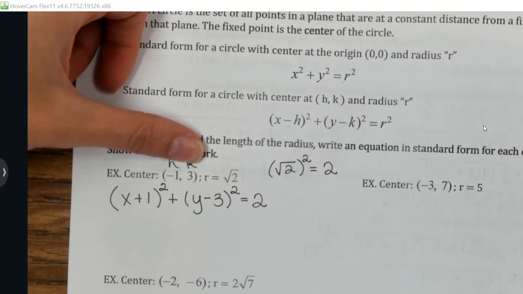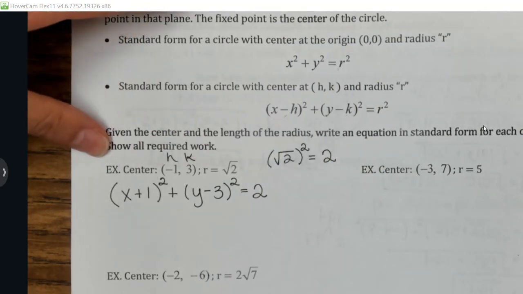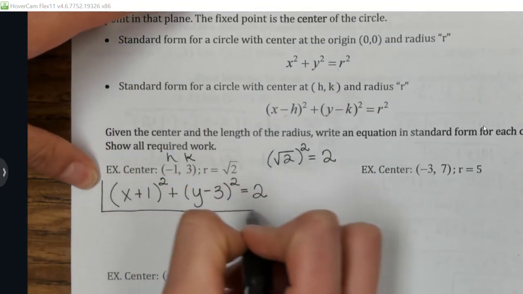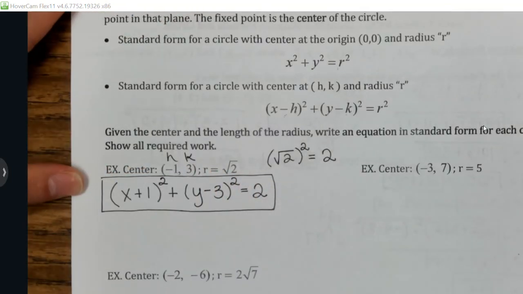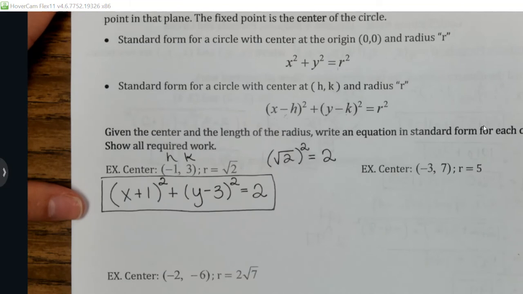So r squared is 2. There's my equation of that circle. Okay?